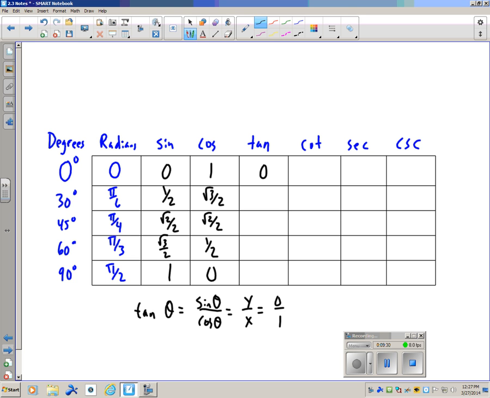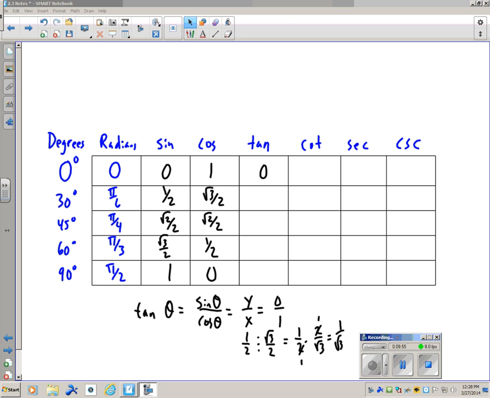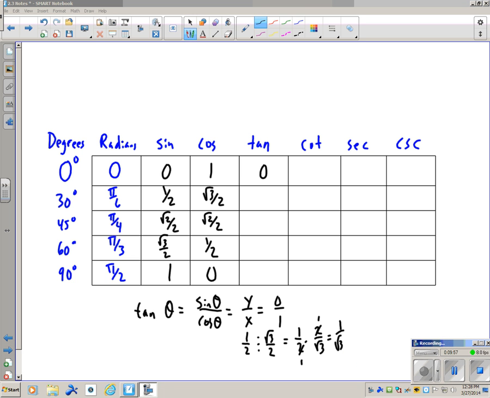For 30 degrees, we can go ahead and do 1/2 divided by the square root of 3 over 2. Dividing is multiplying by the reciprocal. So I end up getting 1 over the square root of 3. But I can't leave a square root of 3 in my denominator. So I have to multiply my numerator and denominator by the square root of 3. So I get the square root of 3 over 3.